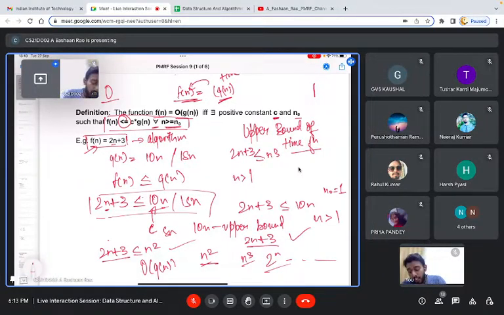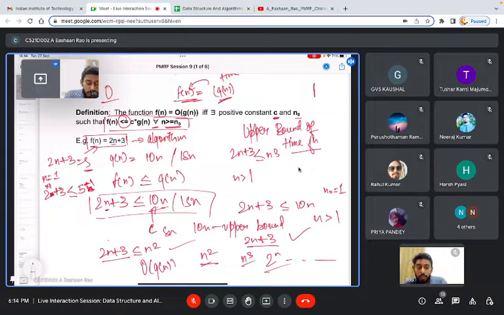You can manually find the value: if you put n equal to 1, the value becomes 5, so 2n plus 3 should be greater than or equal to 5.